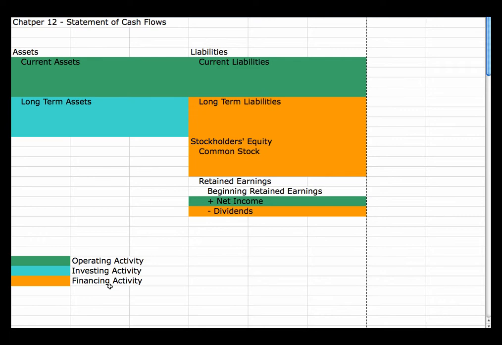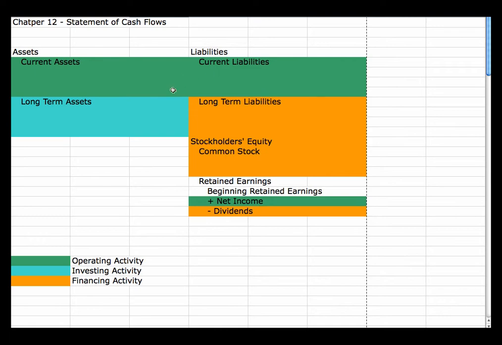If you take a look at a balance sheet where we've identified our assets and liabilities and broken them down into their current and long-term components, if you take the changes in the accounts in the current assets and the changes in the accounts in the current liabilities, you basically have the information available to identify the operating activities section of the cash flow statement.